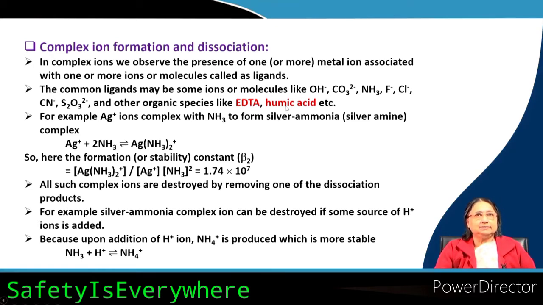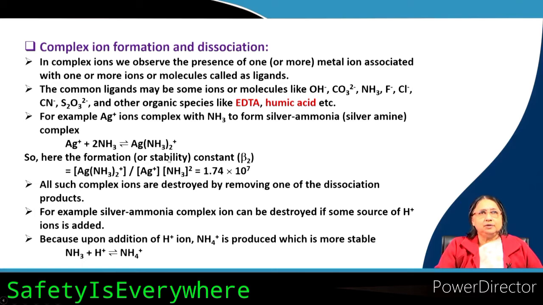In humus substances, it is a natural color forming agent with a very complex structure, and it can also combine with metal ions to form complexes. For example, silver plus ion forms a complex with ammonia to give the silver ammine complex, having this structure, and it is in equilibrium.